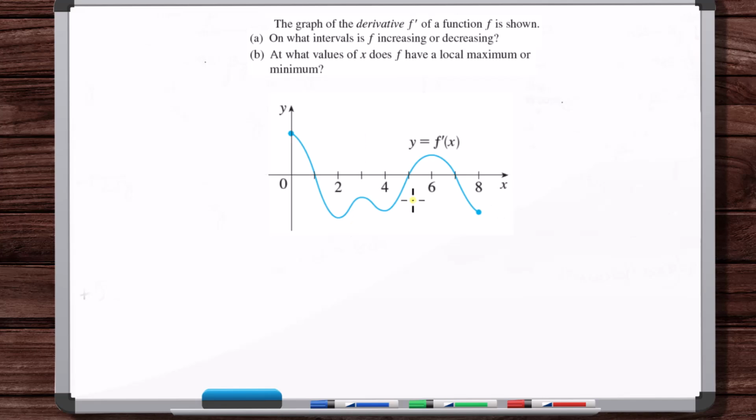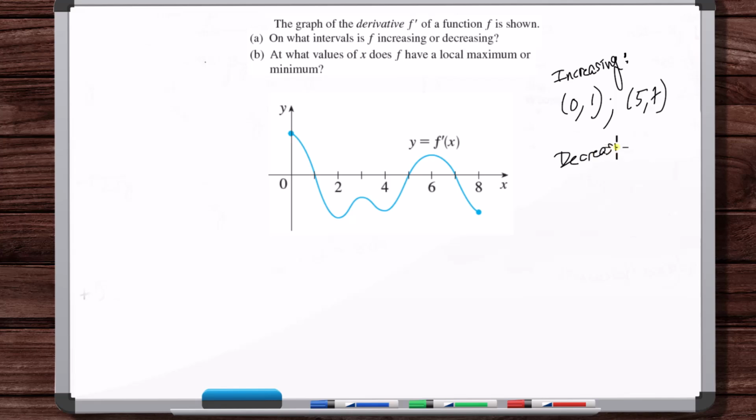That's it. And we're going to say open intervals because it is technically not increasing or decreasing at the x-intercepts. So increasing on the interval from 0 to 1, and then from 5 to 7.